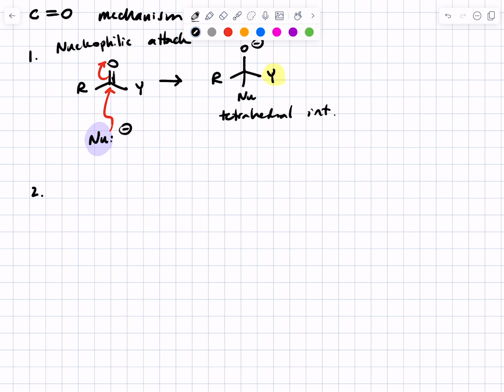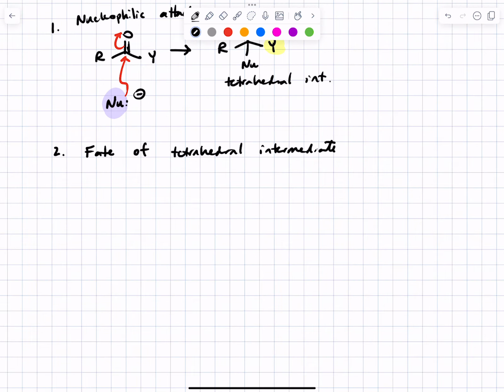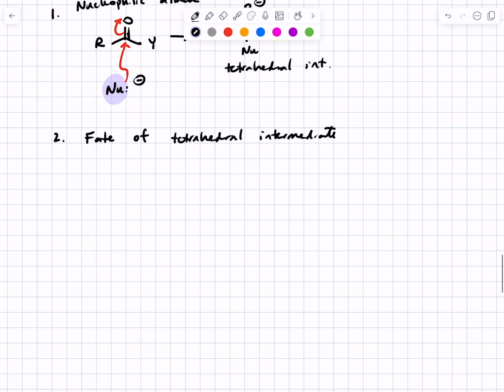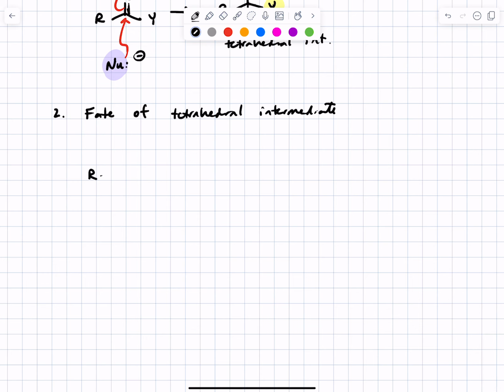Second mechanistic detail for carbonyl compounds is what I'm going to call the fate of the tetrahedral intermediate. And this will depend entirely on the identity of the leaving group. So here is a tetrahedral intermediate, and recall that our question was, is Y a good leaving group?